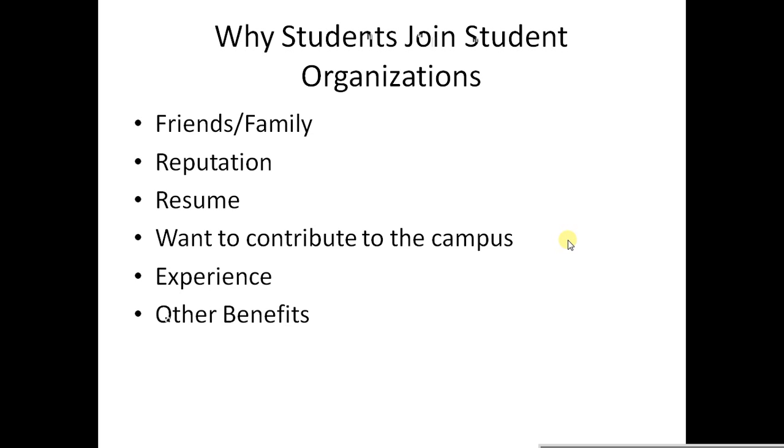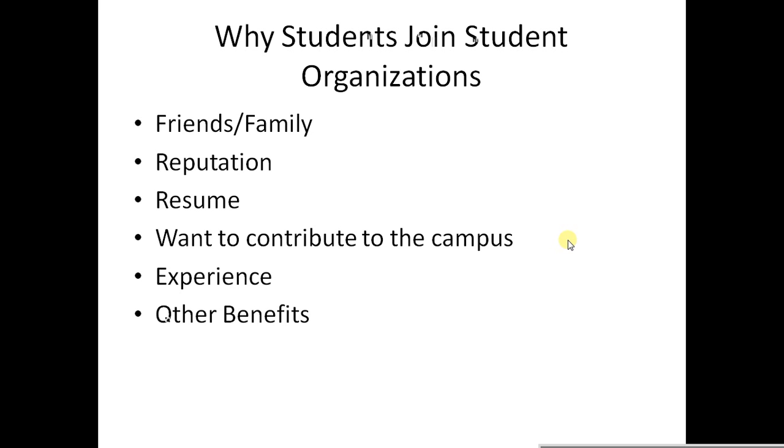They join student organizations because it's good for their resume. People are looking for more valuable ways to build their resume so that they can be more impressive and stand out. People join organizations because they genuinely want to contribute to the campus. They want to make the campus a better place. Students also join student organizations for the experience.